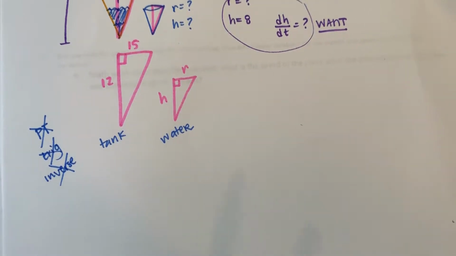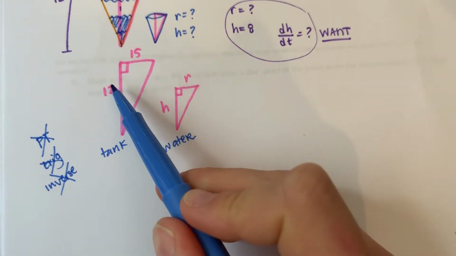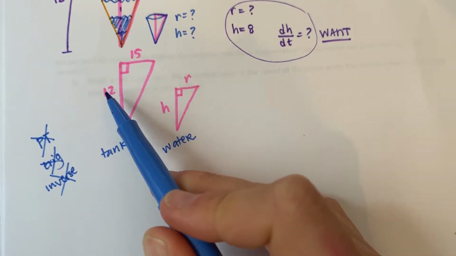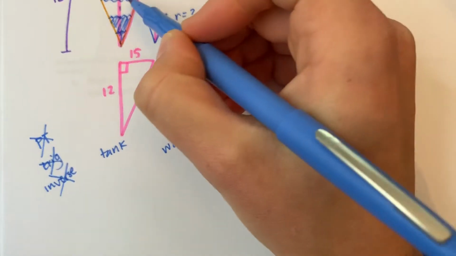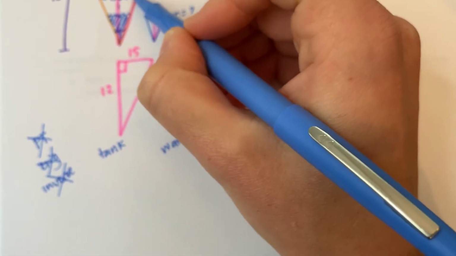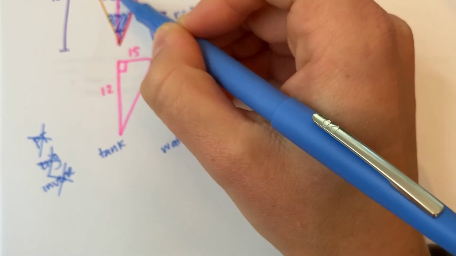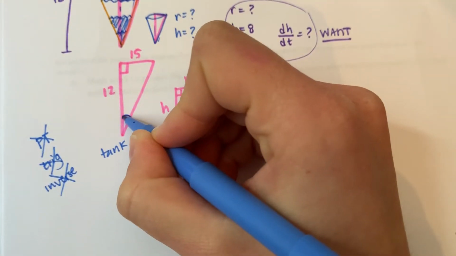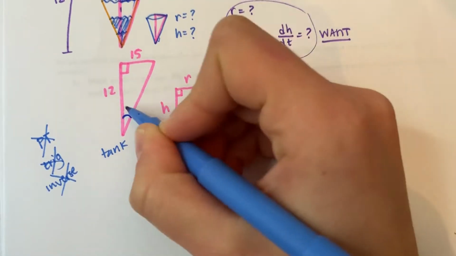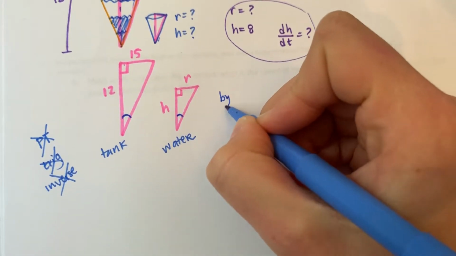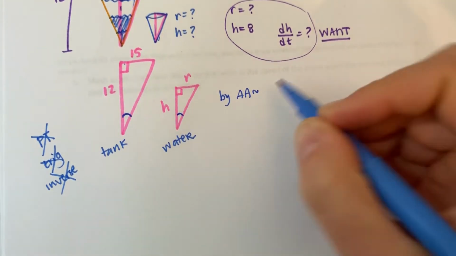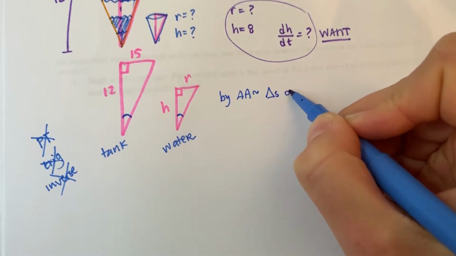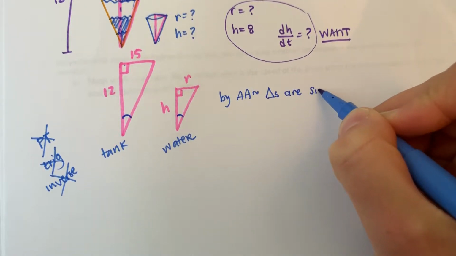Reach into the depths of your geometry knowledge, and what I'm hoping you will access is similar triangles. These triangles created will be similar triangles because they share this angle here. So by angle similarity, these two triangles are similar.